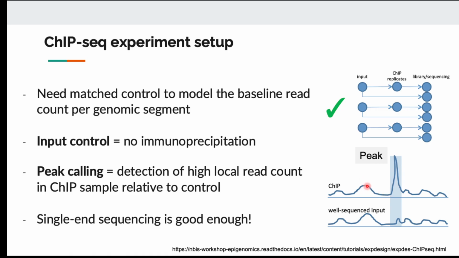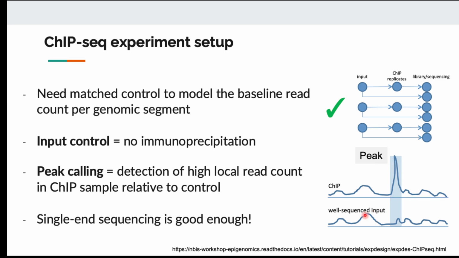So you see I have a higher read count here, but it's not as high as here. If you have no control sample at all, you might wonder, is this my transcription factor binding site, but a weak binding site? Or is it just by chance that I get many reads aggregated here?